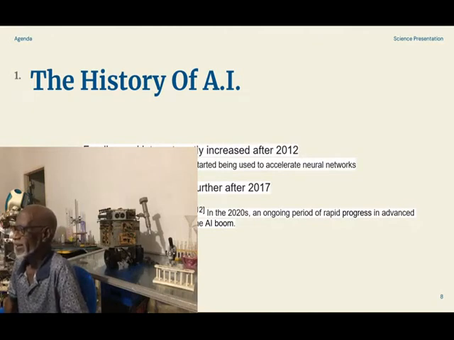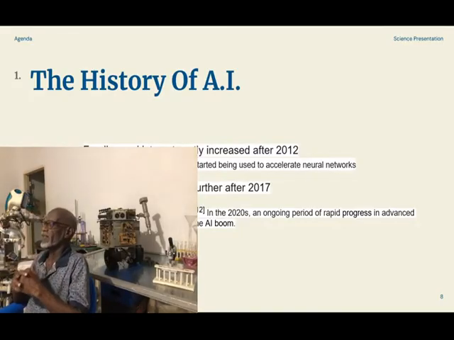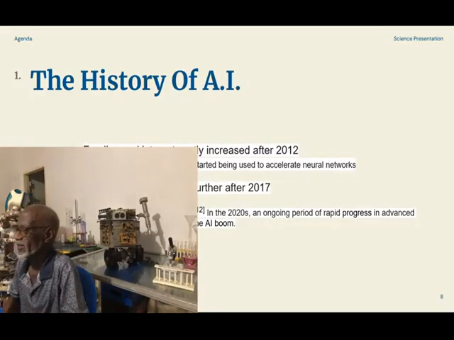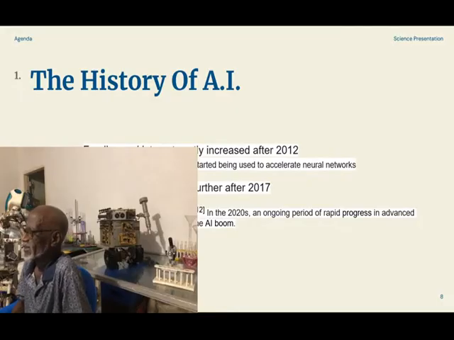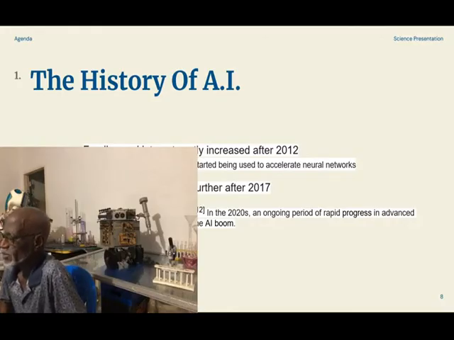So, coming back to the history of AI, we have to remember the history of another booming industry. Some of you may not have been around at the time, but the dot-com boom.